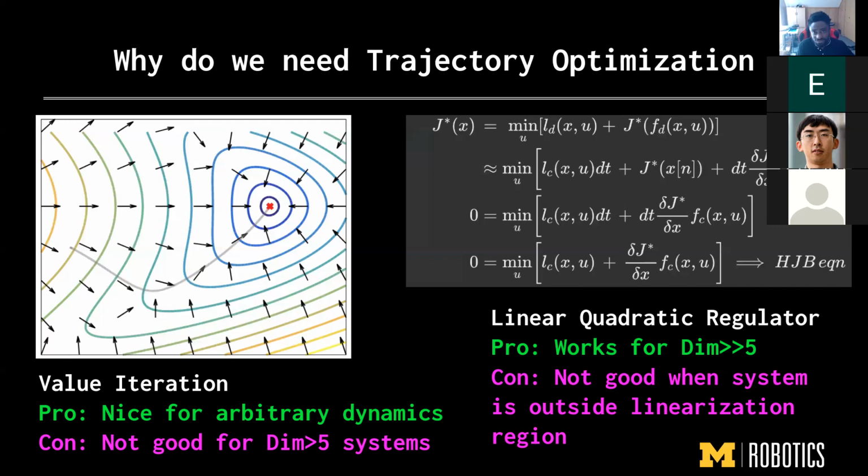For instance, to get the optimal control at some state X using LQR, you have to linearize the dynamic equation of that system at that point using a first order Taylor expansion. That gives us a linear equation with which we can then use LQR to solve for the optimal controller.